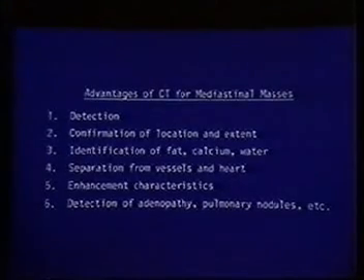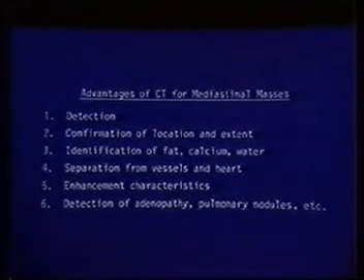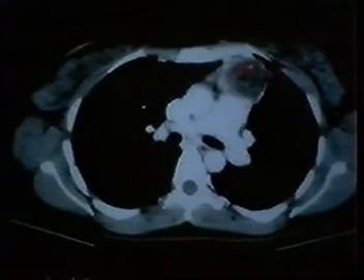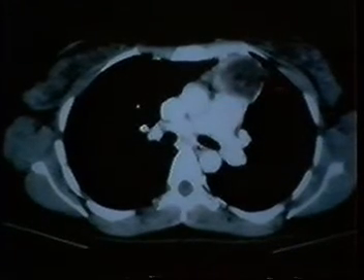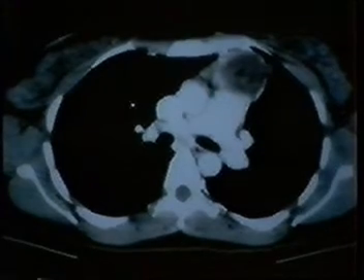Now, a very important role of CT is in the identification of other than soft tissue attenuation in a mediastinal mass. In particular, we like to look for fat, calcium, and water. Here's an example of an anterior mediastinal mass that predominantly looks to be water attenuation, but there are also some foci within it that are lower in attenuation, look like fat, and this was suggested to be a teratoma, and in fact, that's what it proved to be.